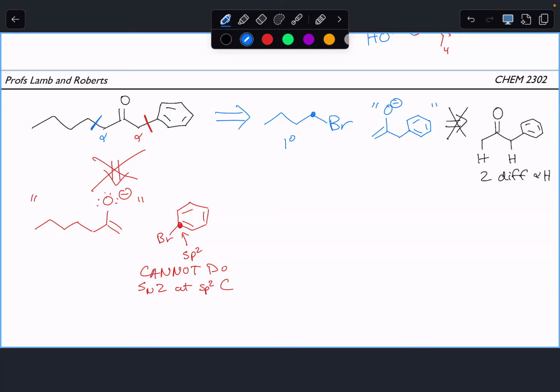Instead, this is where having that dicarbonyl helps with the regioselectivity. So we're going to want our ketone part, and then we need to add in the beta-carbonyl, and it better be an ester if we want to get rid of it later.